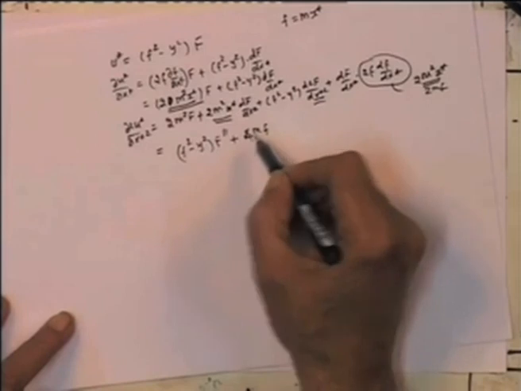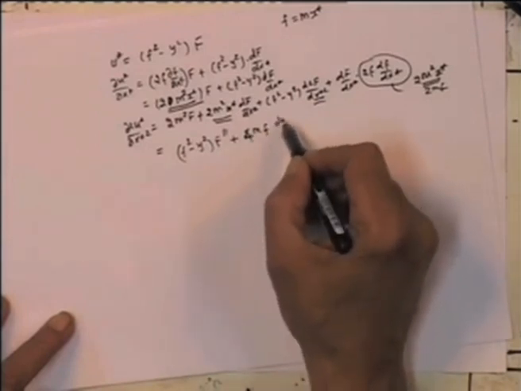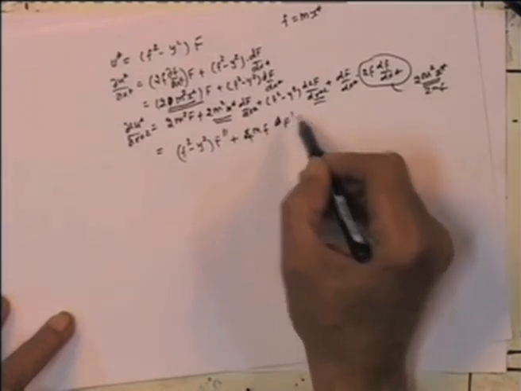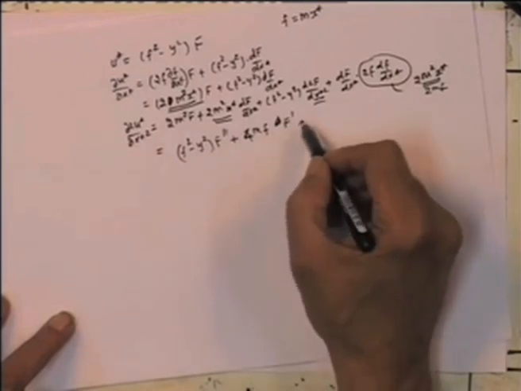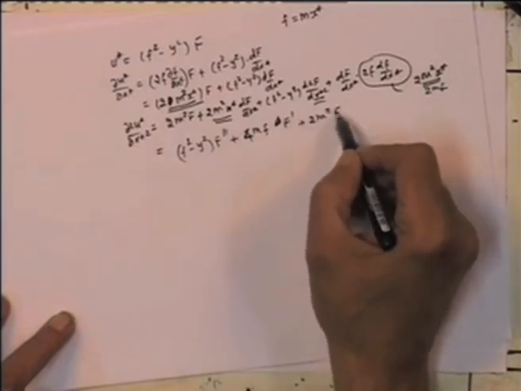So, this becomes 4 m f df by dx star, which is f dash, plus 2 m square f.